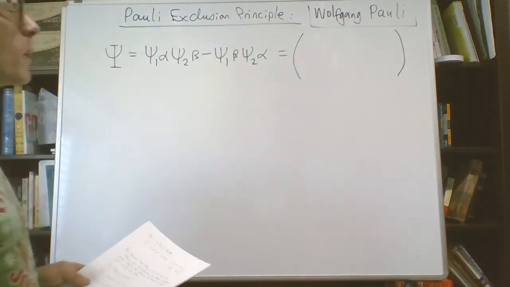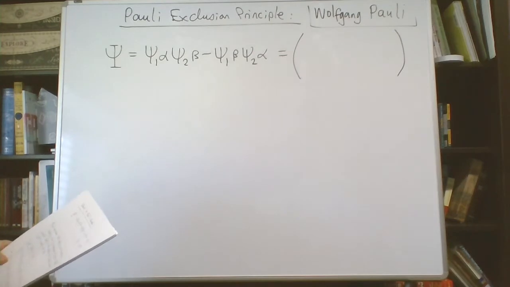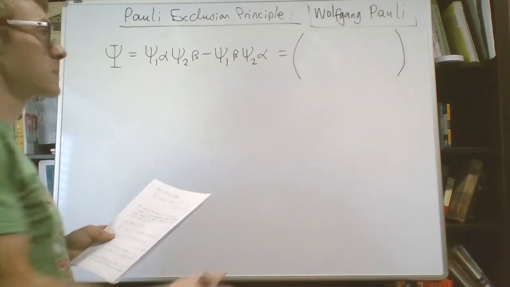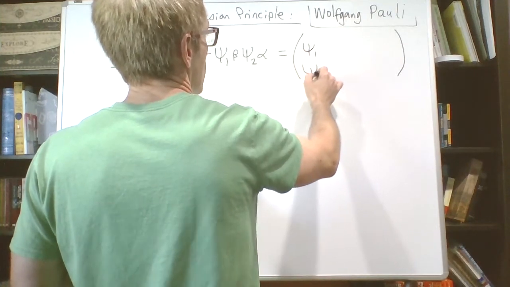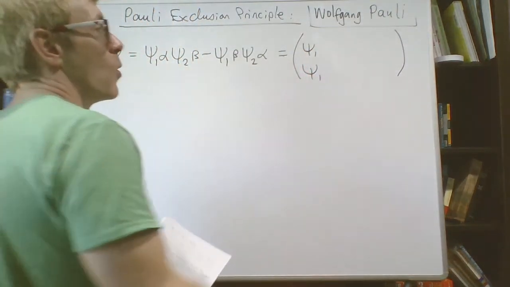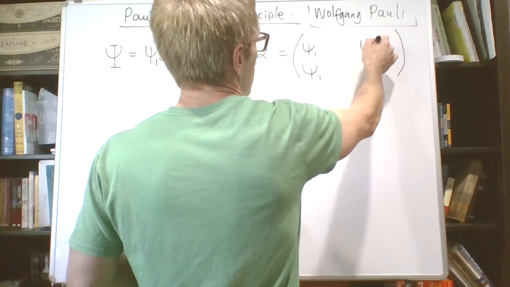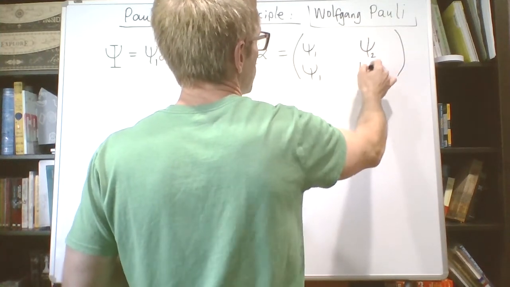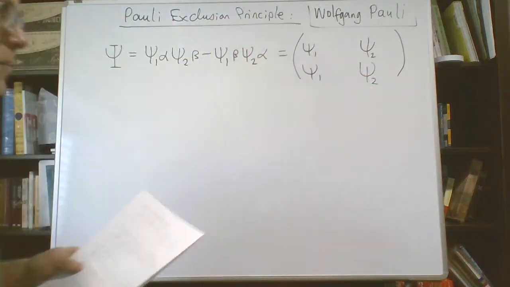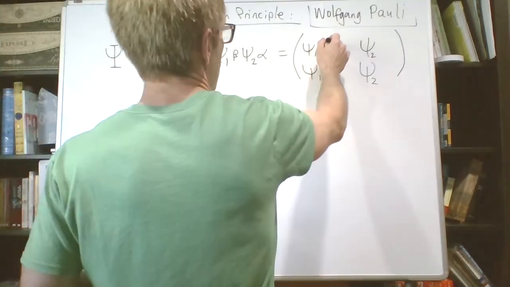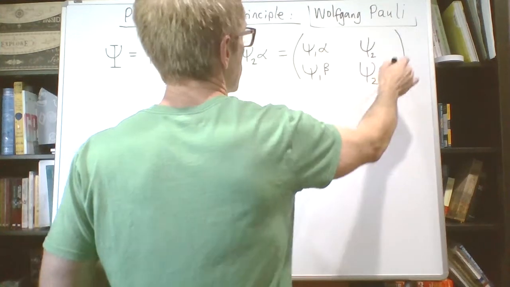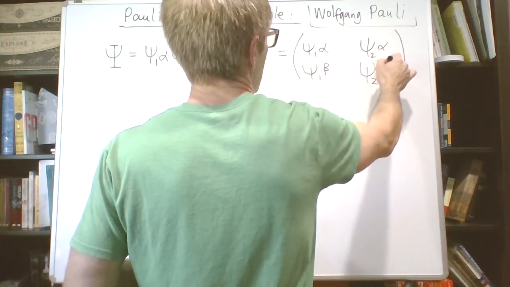So this would be a 2 by 2 matrix, a 2-dimensional matrix, and I'd have psi 1 as a column, psi 2 as a column, and then I'd have different labels, the alpha label and the beta label.